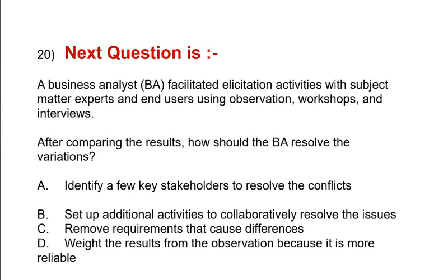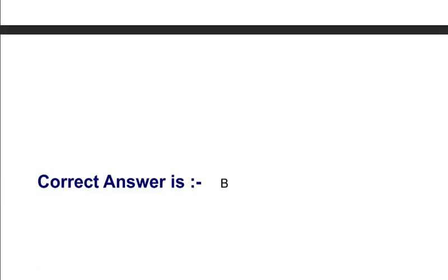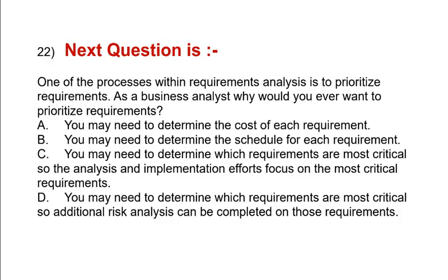Option B. Set up additional activities to collaboratively resolve the issues. Option C. Remove requirements that cause differences. Option D. Weight the results from the observation because it is more reliable. Correct answer is option B.